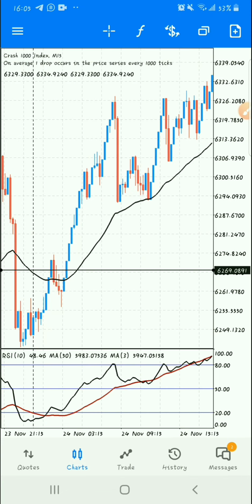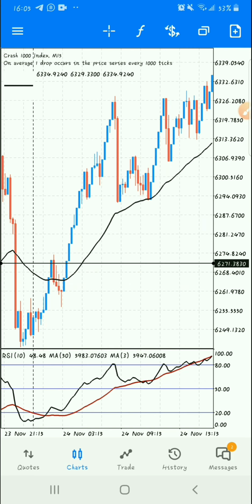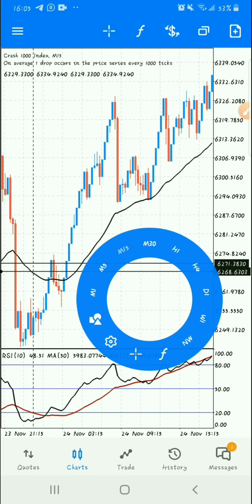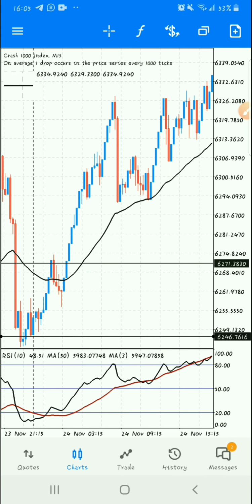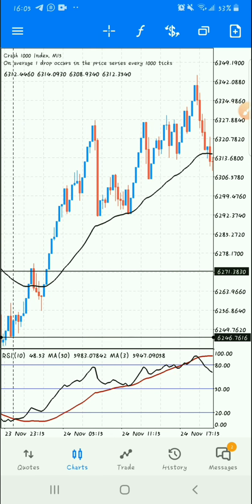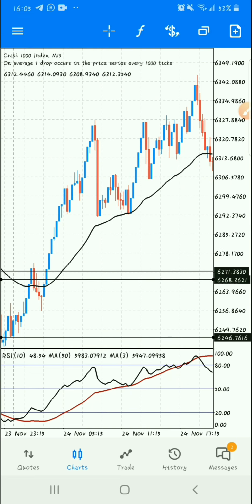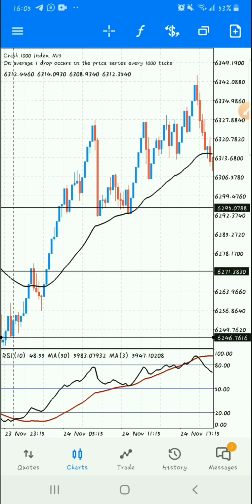The market is simple. Let me show, for example, this was our take profit number 1, take profit number 2, and also take profit number 3. Sorry, take profit number 1, take profit number 2, and take profit number 3.